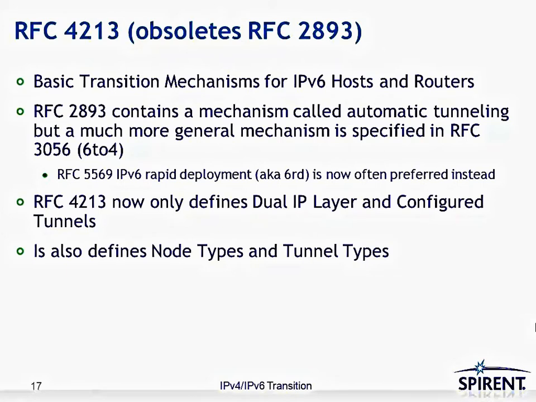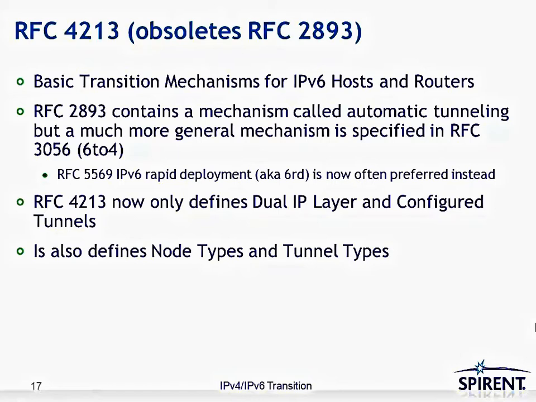RFC 2893 was the main standard that defined transition mechanisms for IP version 6 hosts and routers. That has subsequently been obsoleted by RFC 4213. One of the things obsoleted was this concept of automatic tunneling. RFC 2893 had a concept of that, but a more general mechanism was written, RFC 3056, which defined the 6to4 mechanism.